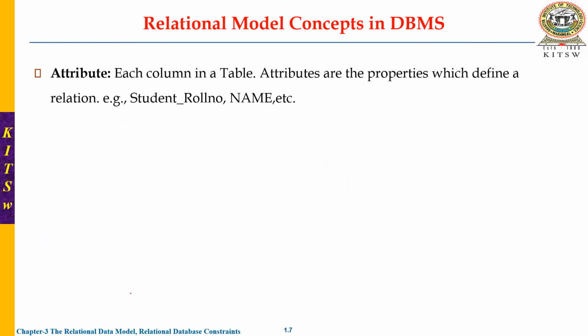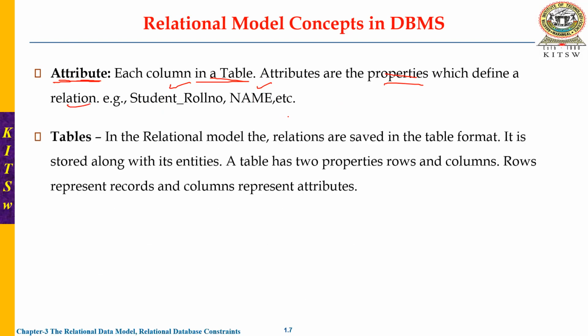Relational model concepts in DBMS. The first one we need to remember is the attribute. Each column in a table is called an attribute. Attributes are the properties that define the relation. For example, student roll number is an attribute, and name is an attribute for the student table.